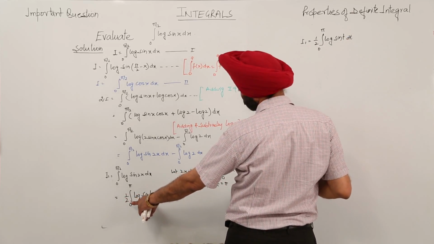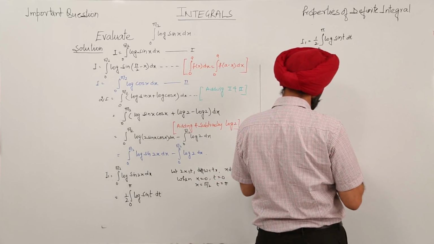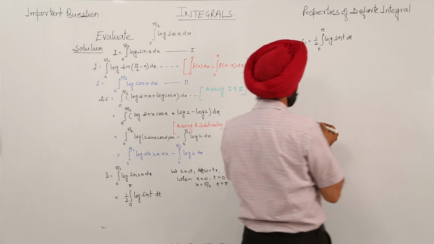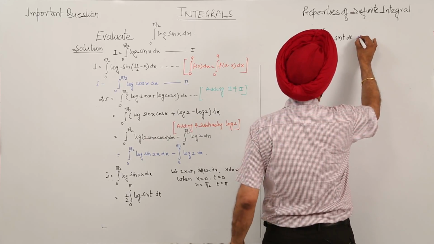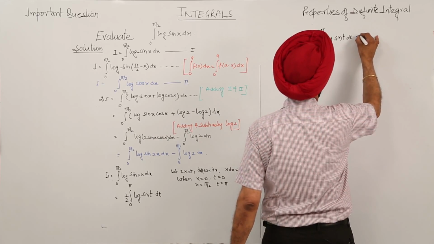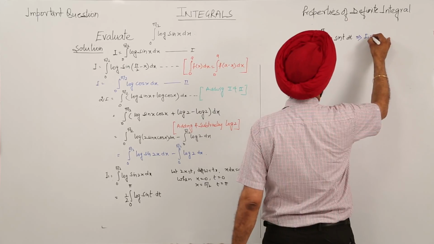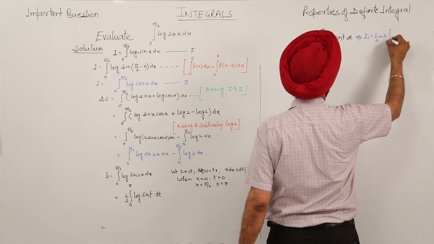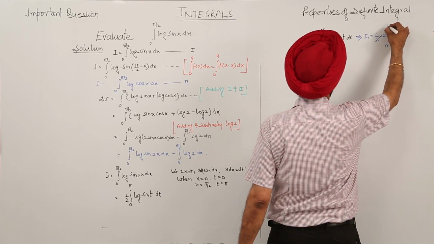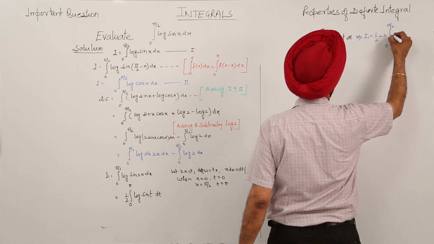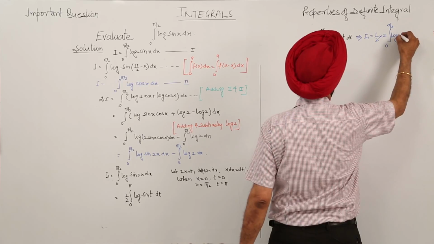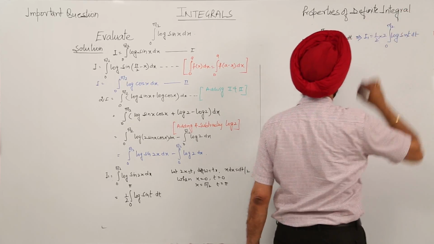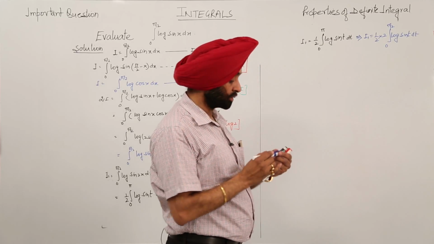To this part, we can write I1 is equal to 1 upon 2 into 2, 0 to pi by 2 log sin t dt. Now just check what I have done.